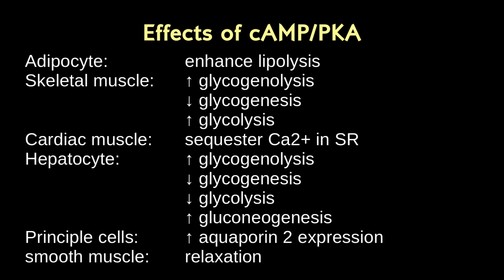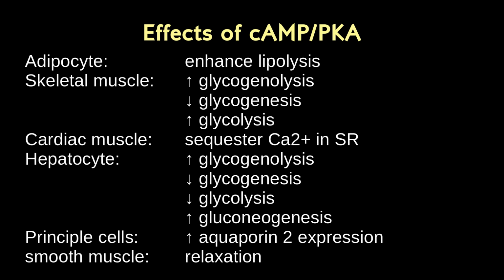Here's a funny thing, though, look at this. Increasing glycolysis in skeletal muscle, but in hepatocytes, in liver cells, it's actually decreasing glycolysis, doing two completely opposite things in different cells. And it depends on the needs of those specific cells in that specific tissue.